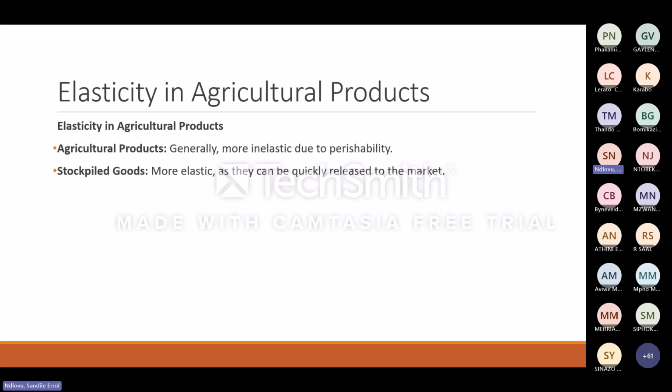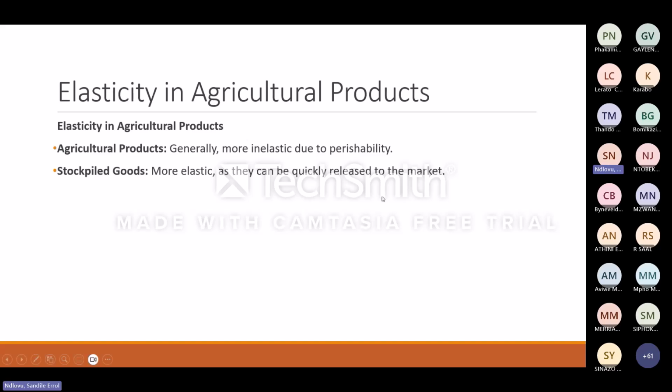So their supply is inelastic, or it is hard for them to supply many products at any price level, because if they stock all their barns with rice and wheat, if they have a lot of stock, then they face the risk of that stock decaying because food is perishable, okay?